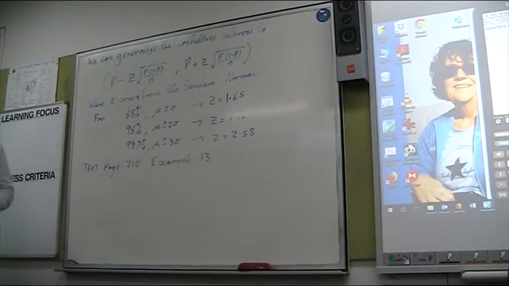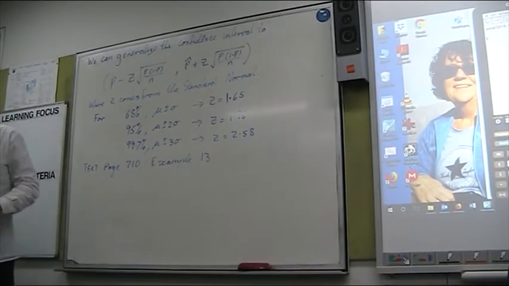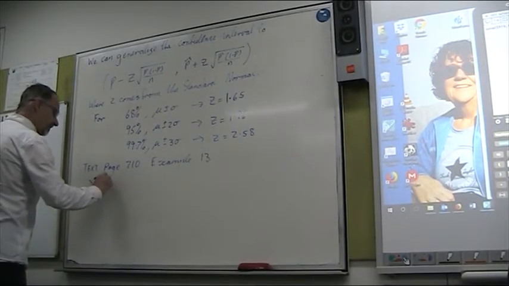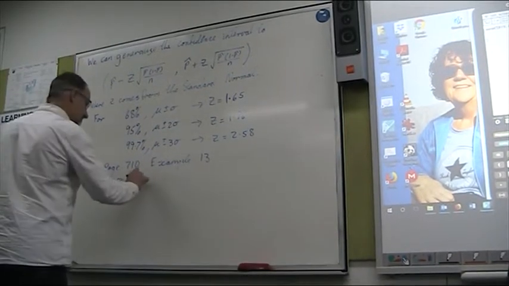All right, so we're going to do example 13, so not much information there. It says, a survey found that 237 out of 500 undergraduate university students. All right, so what have we got? The number of ones that we've got is 237 out of how many?